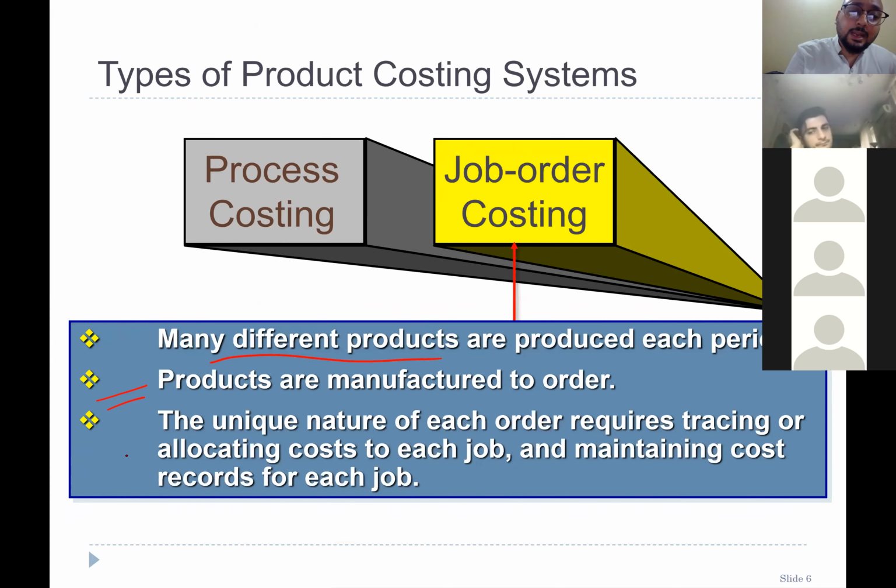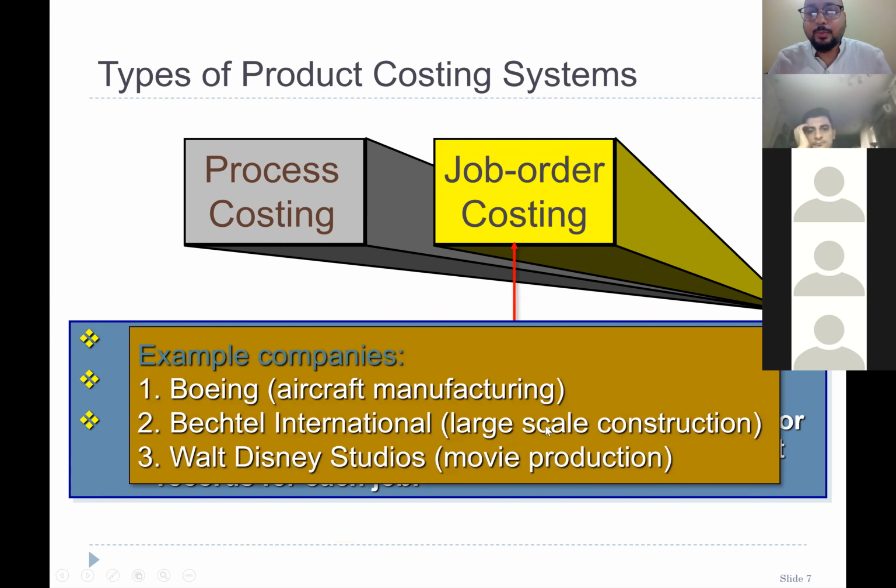So the unique nature of each order requires tracing and allocating costs to each job, and maintaining cost records for each job. Here we go. Examples include Boeing aircraft, Bechtel International, large-scale construction. Why? Because each building, each skyscraper, each house is different.